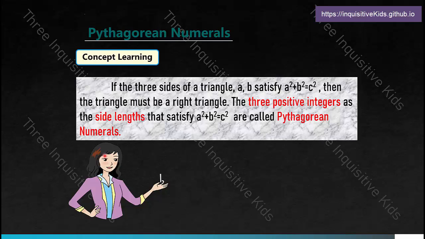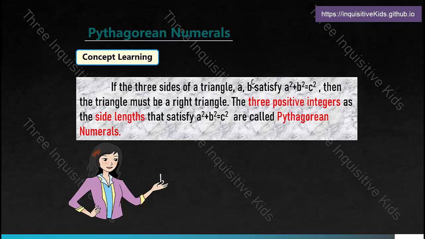Now we're going to learn about a concept called Pythagorean numerals. Concept learning. If the three sides of a triangle, A, B, C, satisfy A squared plus B squared equals C squared, then the triangle must be a right triangle.